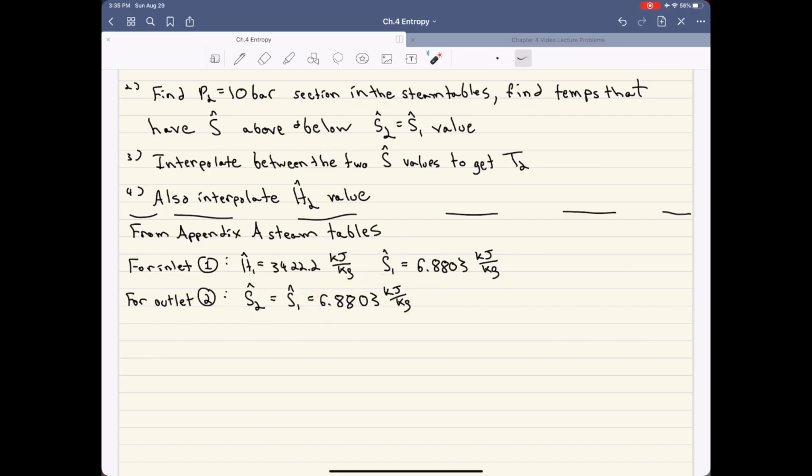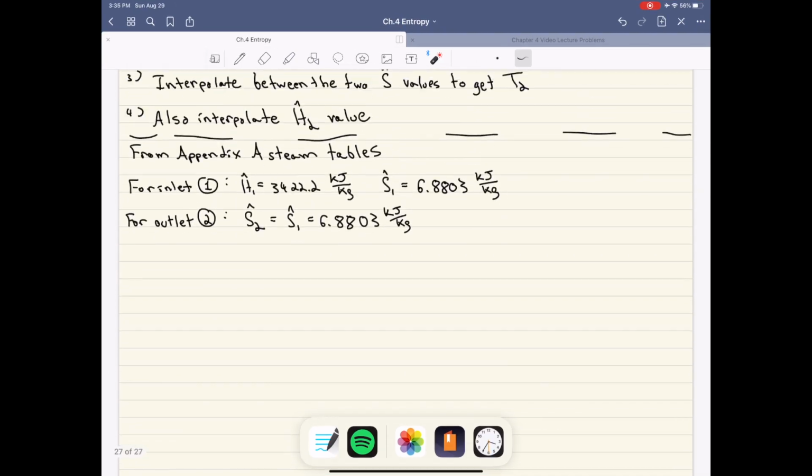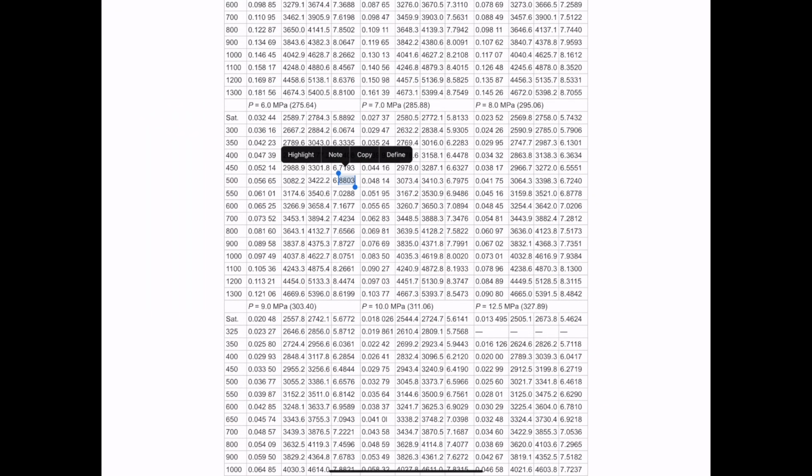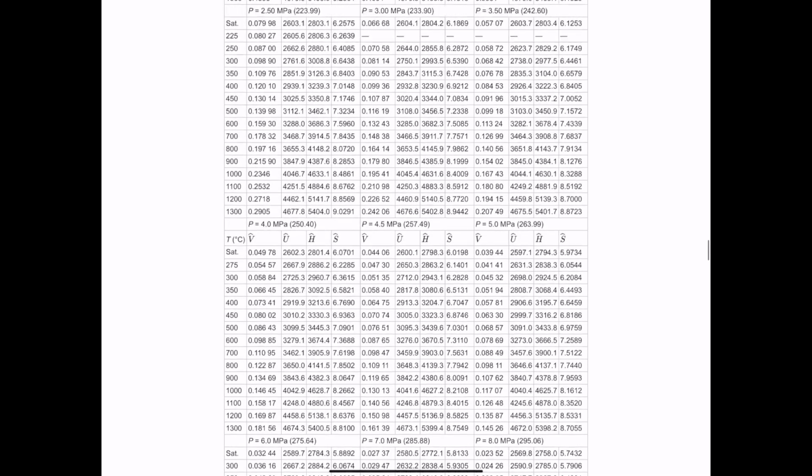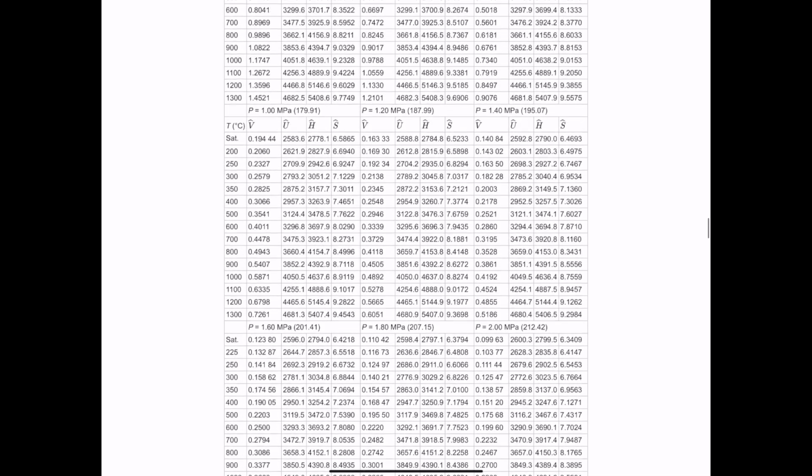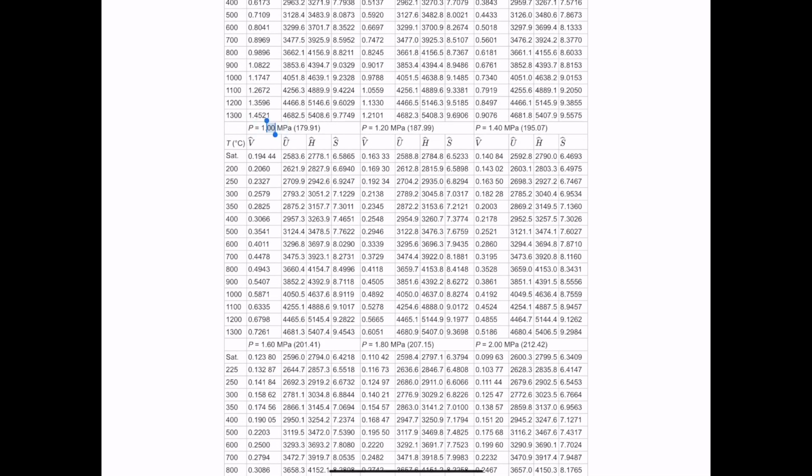So we're going to go to the steam table now. We're going to scroll to the 1 megapascal section, which is here, and we're going to look at the entropy column right here.